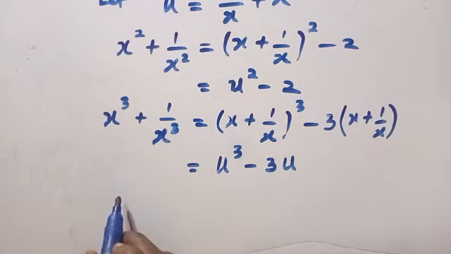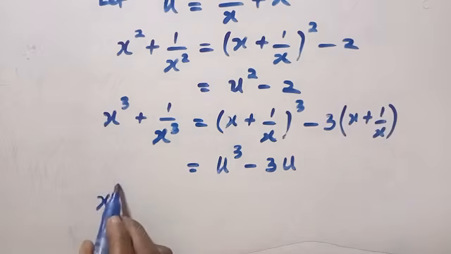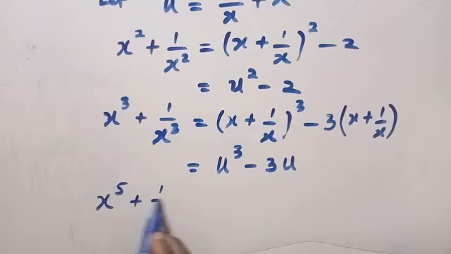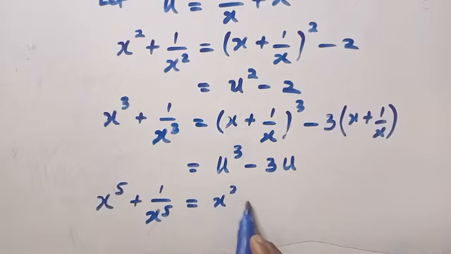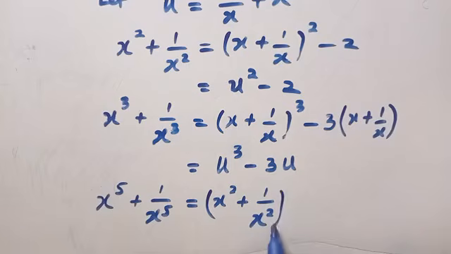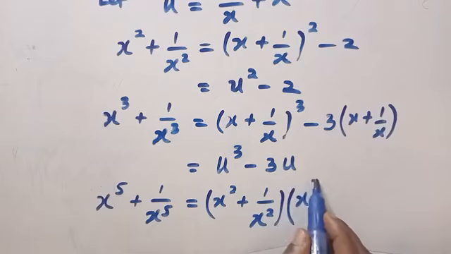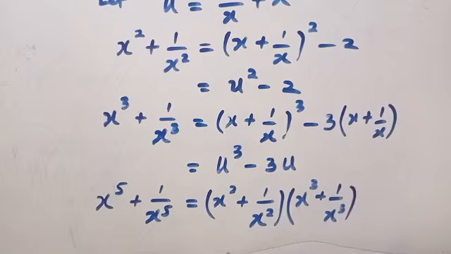Moving on, let's find the power of 5. If we have x power 5 plus 1 divided by x power 5, this is the same thing as x power 2 plus 1 divided by x power 2, multiplied by x power 3 plus 1 divided by x power 3. We multiply these two expressions together and subtract x plus 1 divided by x from it.